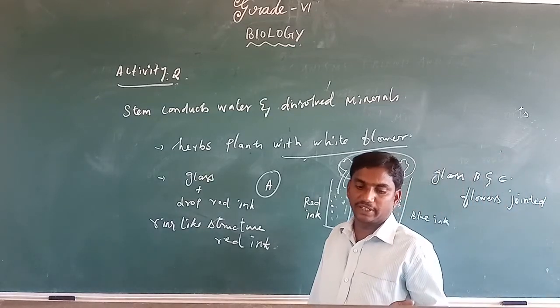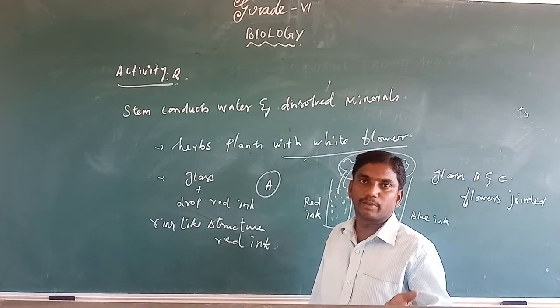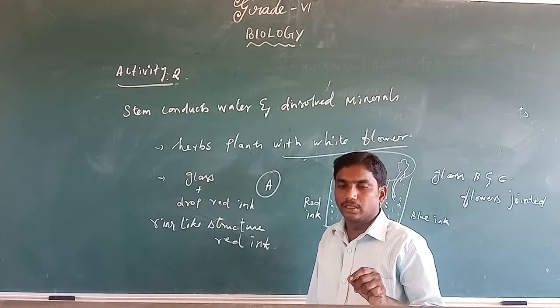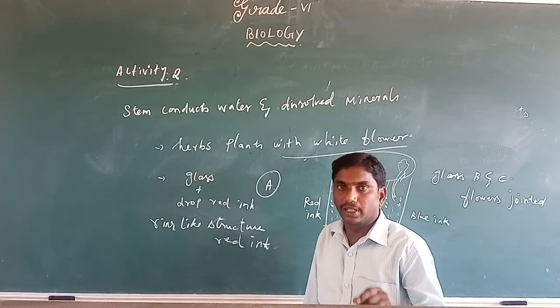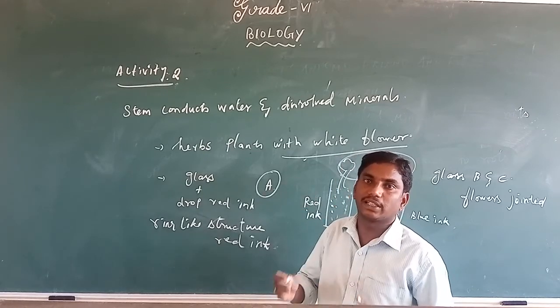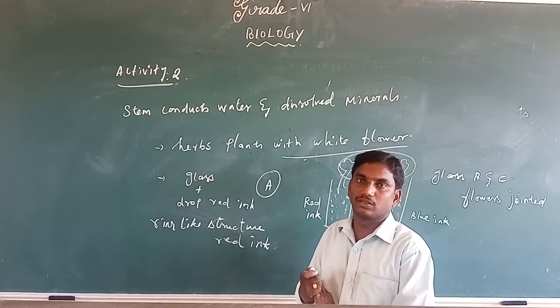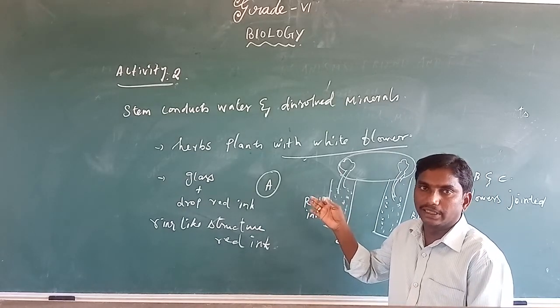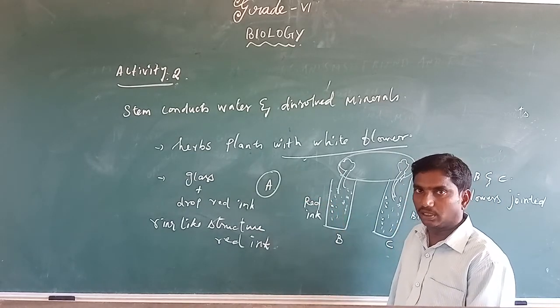See the figures A and B on page 55, the red color, because the red colored substance is present inside the stem regions. Whenever you are free, just try to do these kinds of activities. Okay, thank you.